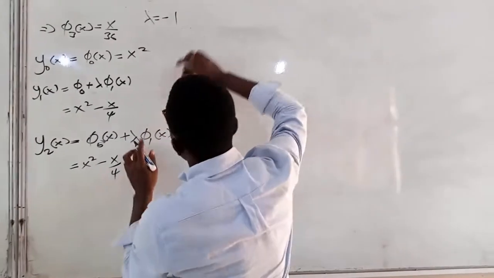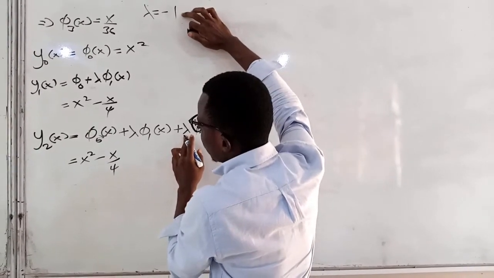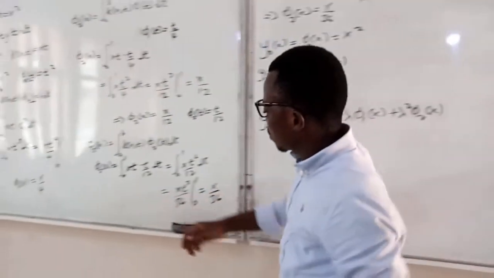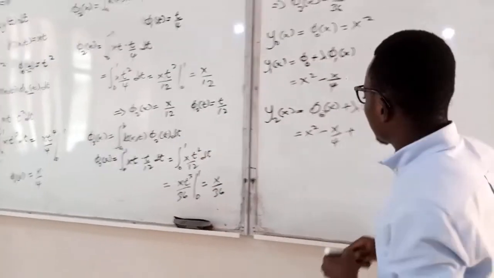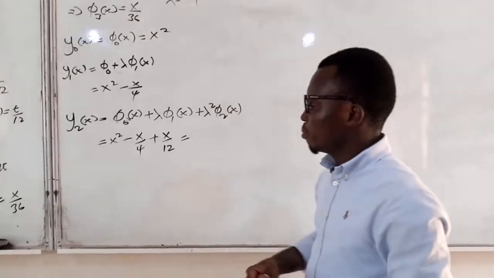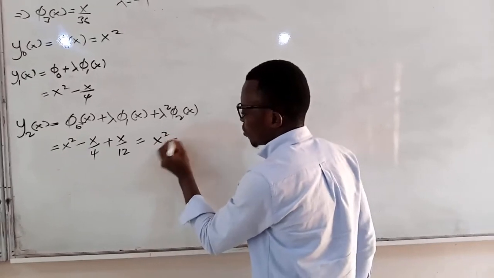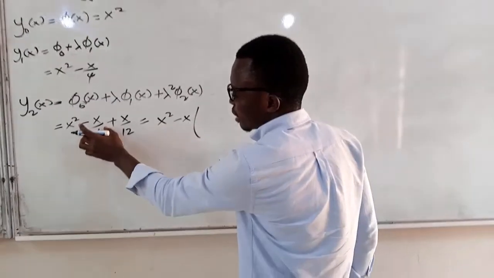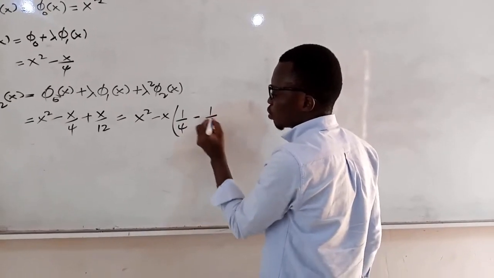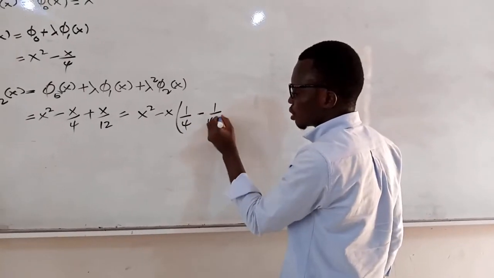Lambda squared is the same as 1, so plus phi 2 of s, which is s over 12. This can be written by bringing s outside: s squared minus s into bracket 1 over 4 minus 1 over 12. Can we write this 12 as 4 times 3? So 4 dot 3.